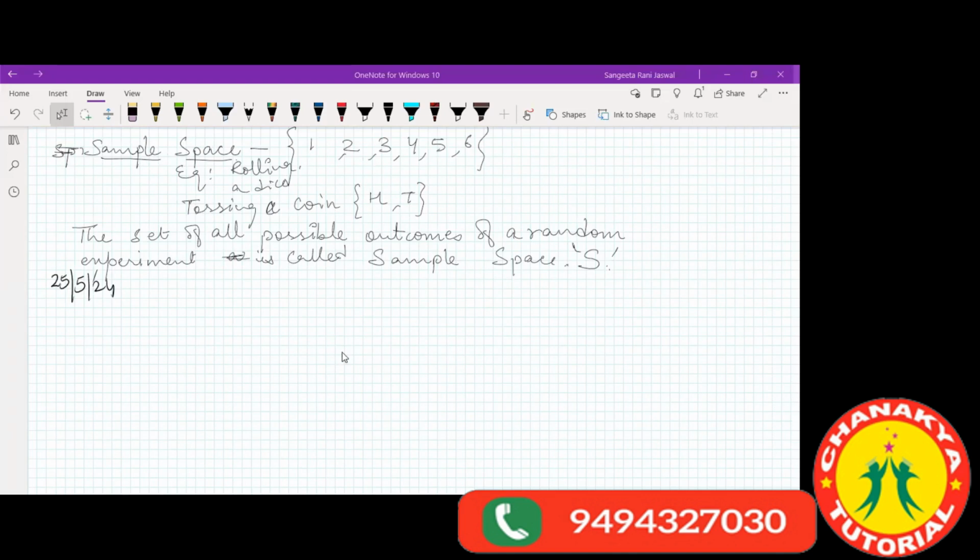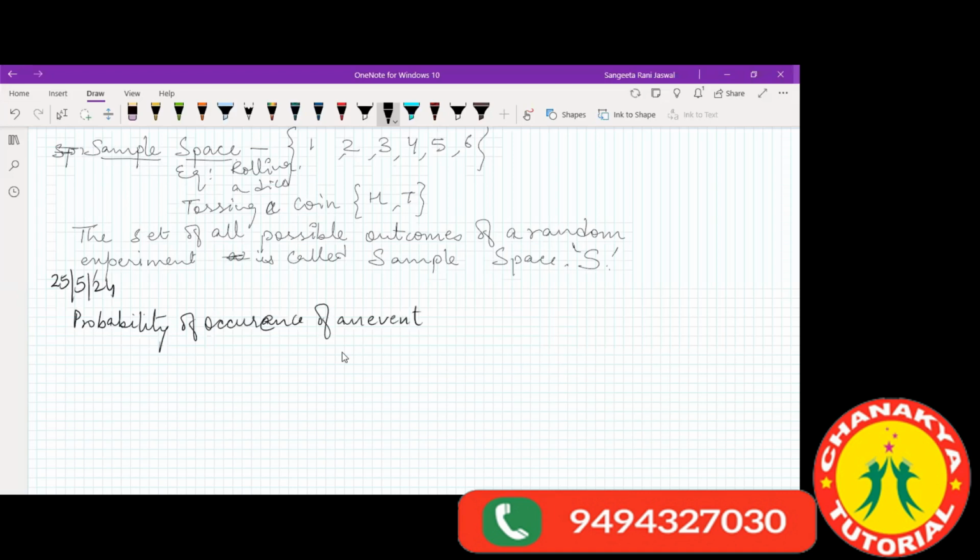Now, probability of occurrence of an event. Please write probability of occurrence of an event. What is the probability that the event will occur?